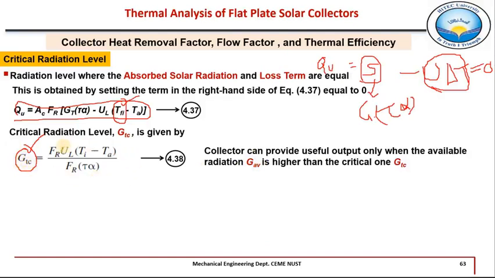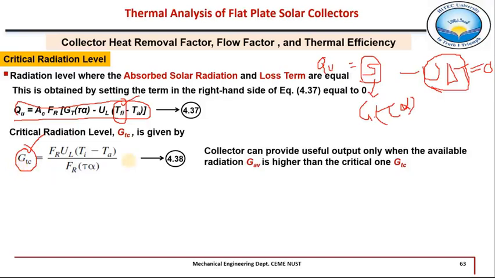So it means now we have, in the form of an equation, the critical radiation level, based on which we can design the pump of a system, or control the pump of a solar collector loop.